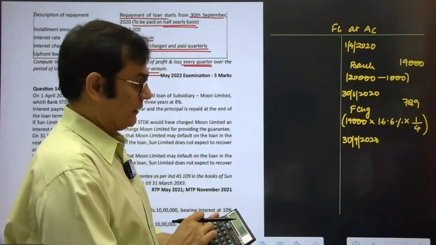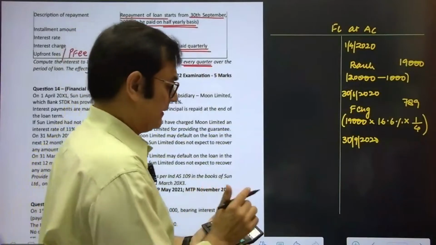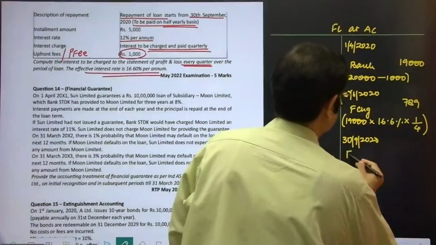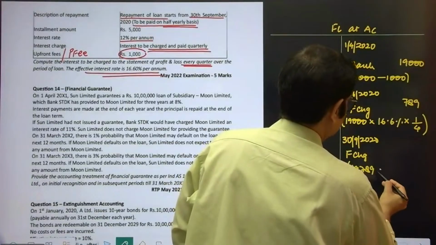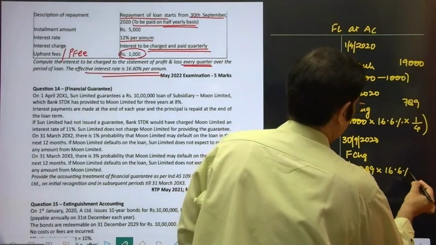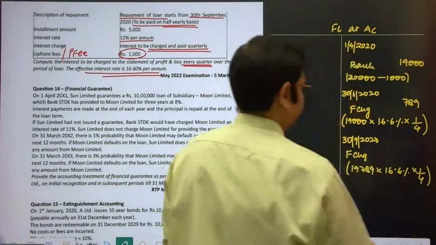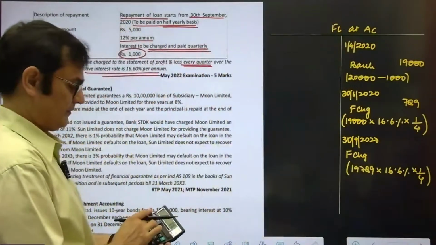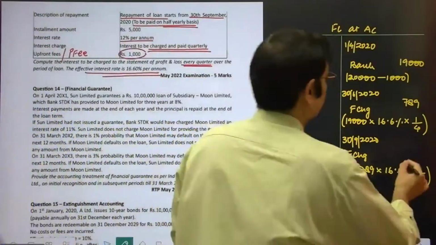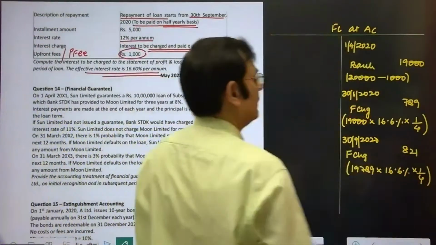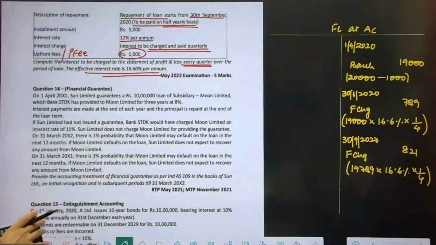So 19,000 plus 789, it comes to 19,789. So we again take 16.6% for 1/4 of the year. I guess 821 approximately. 821.24. 821. Wonderful.